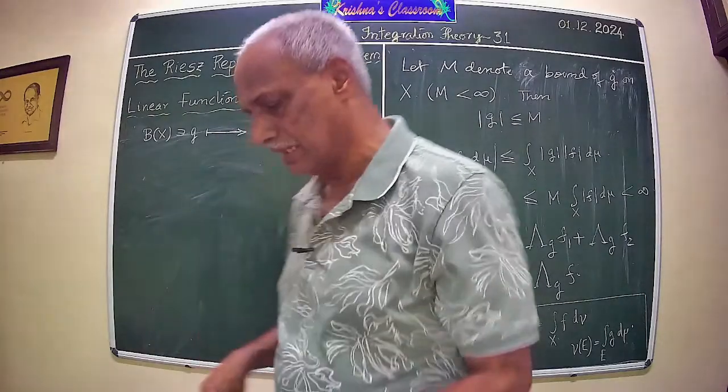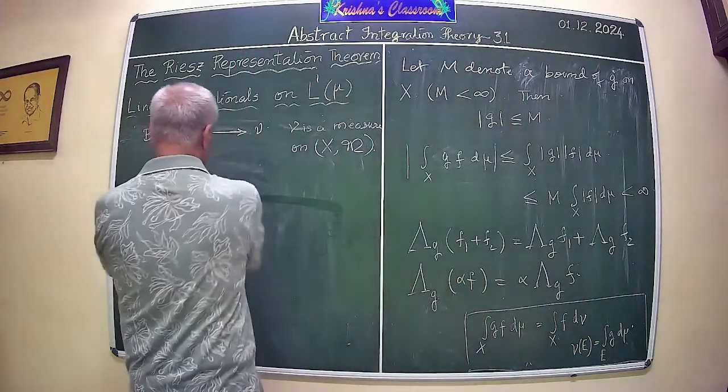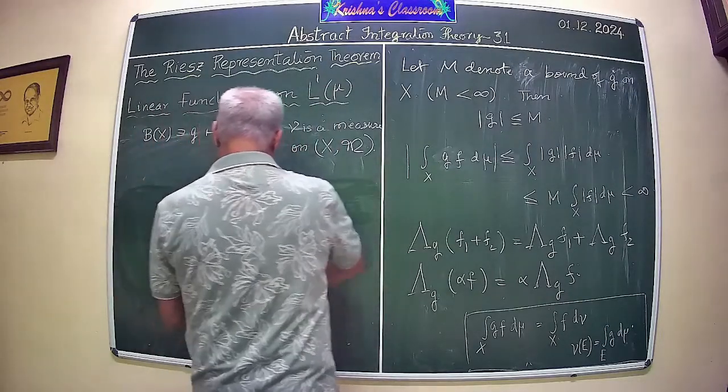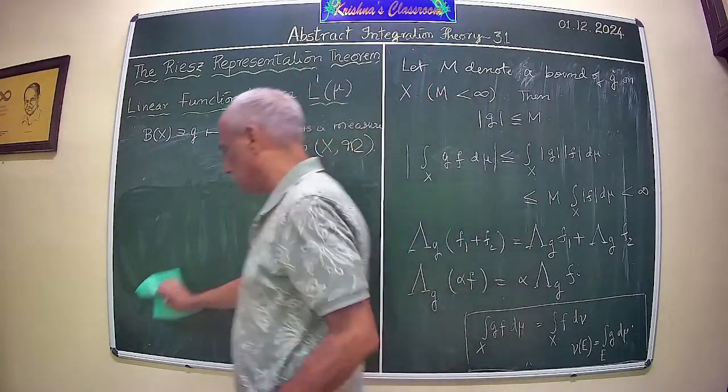Let's take an example to get a much better feeling for what I said. Of course we will be doing all these things in great detail when we look at the representation.